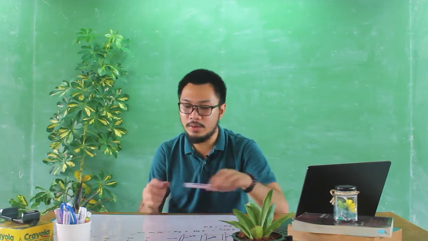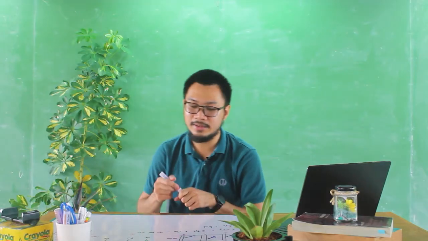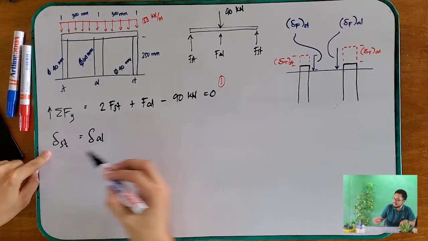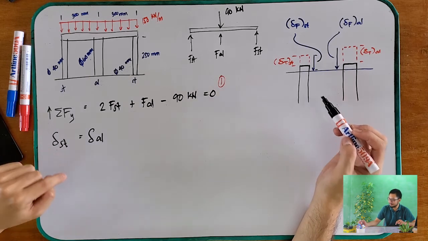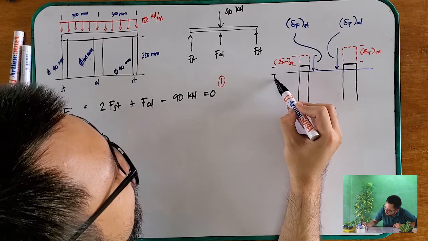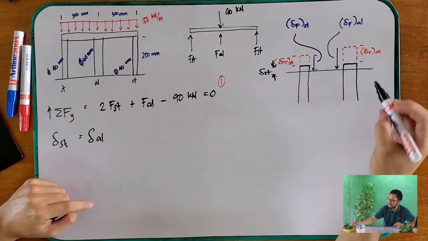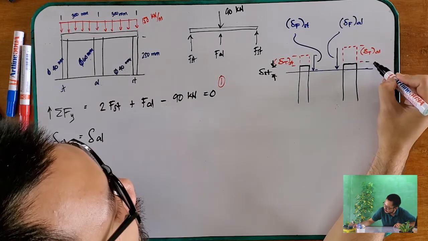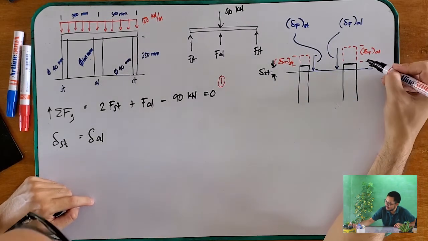And since we know your delta steel is equal to delta aluminum, because they are equal in initial length and equal in final length.